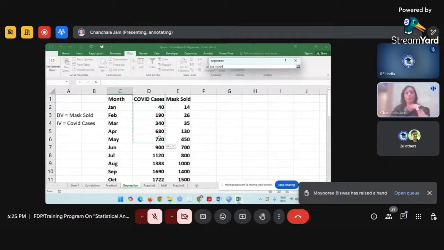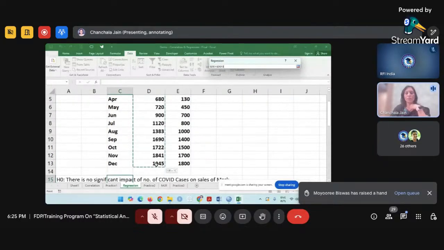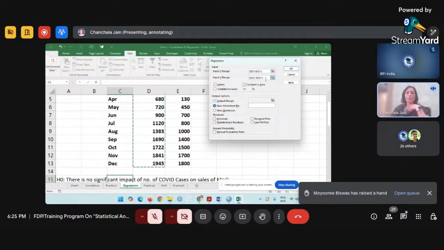You can select the COVID cases column, which is D1 to D13. Got it, ma'am.